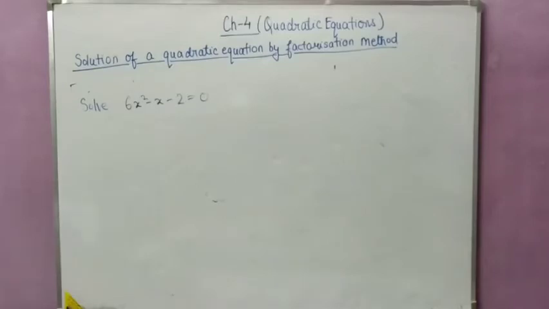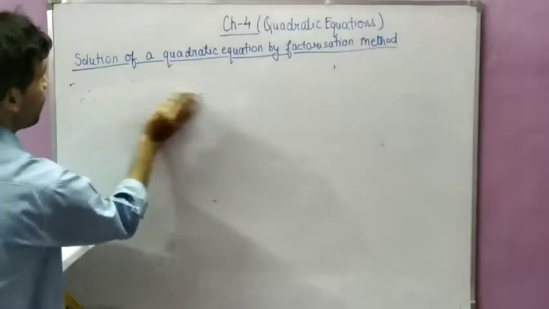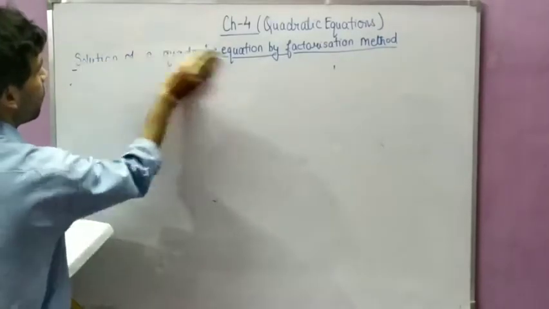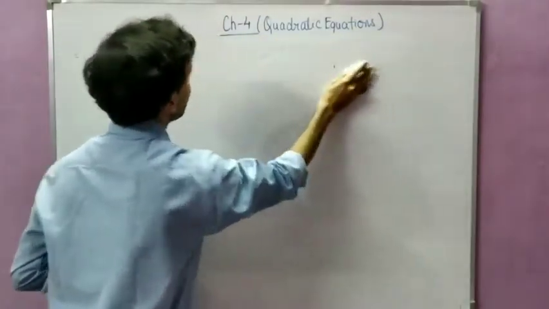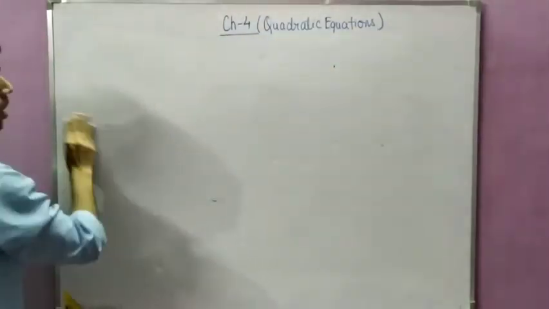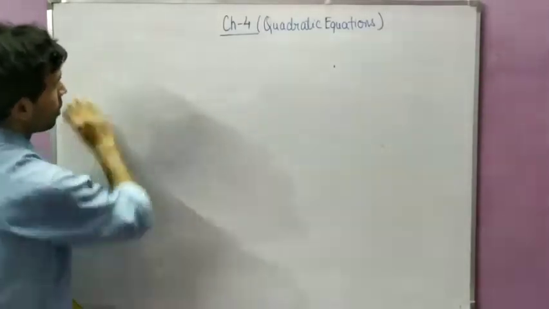So let's begin, students. Exercise 4.2, because this method you already know. In 4.2, students, we have to use the factorization method, because till now we only know the factorization method.